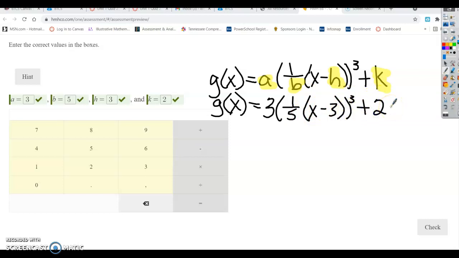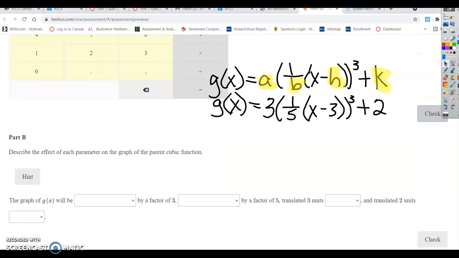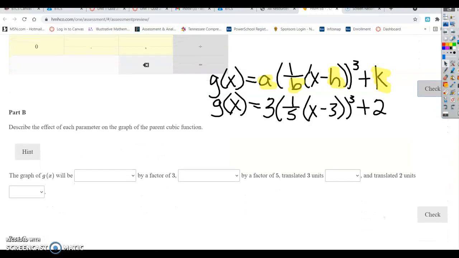So that's the equation from above. I just used the A, B, H, and K to substitute those values in. Again, I think it helps to be able to see the equation when you're trying to answer the questions.